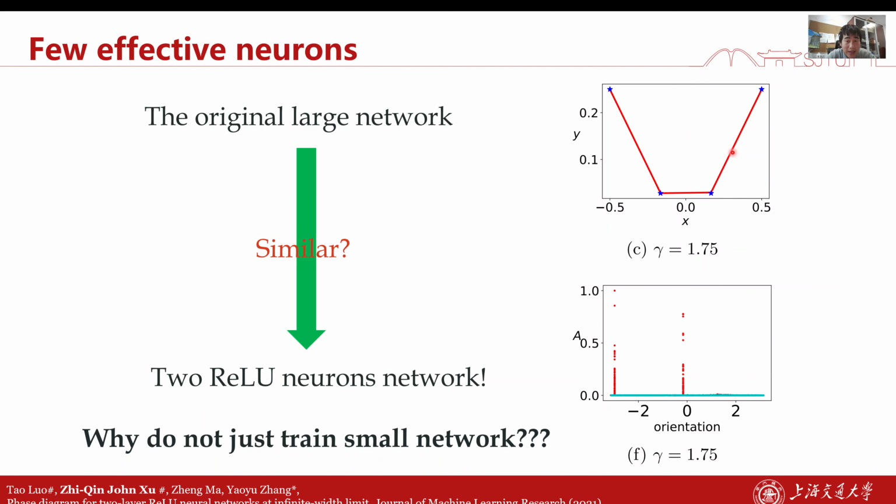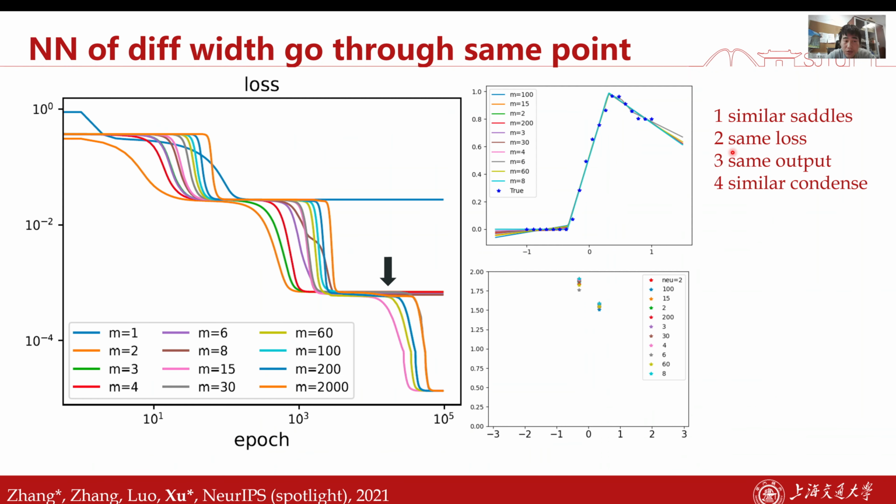If so, why don't we just train a small network? To study this question, we also perform a series of experiments. We use networks to fit the same data but with different network width. And now we put all their loss functions together to see their similarity and their difference. Now let's take a look.